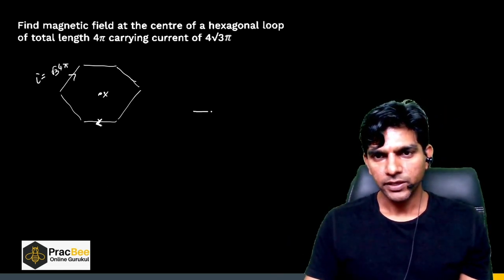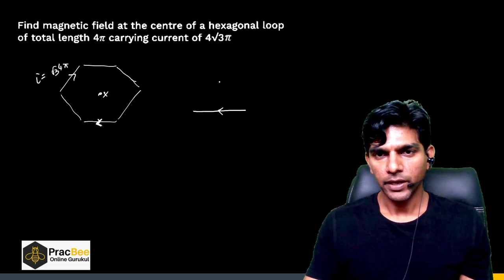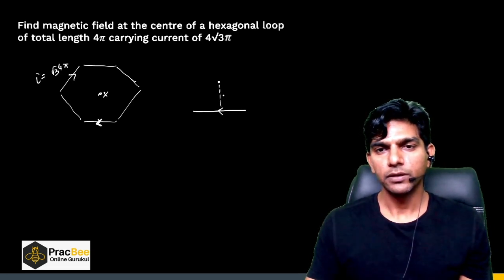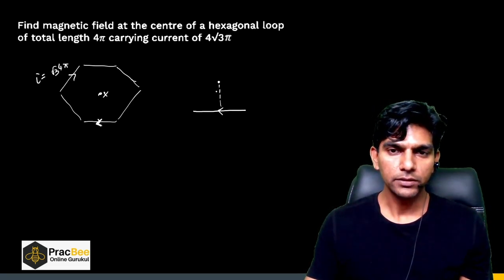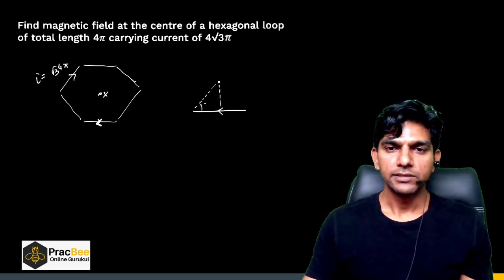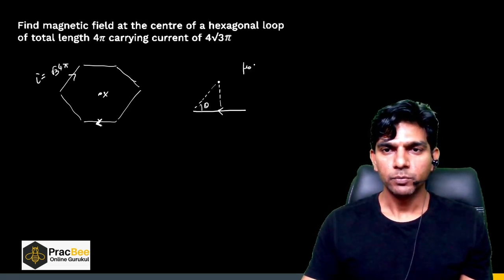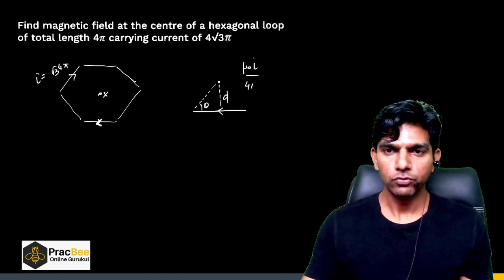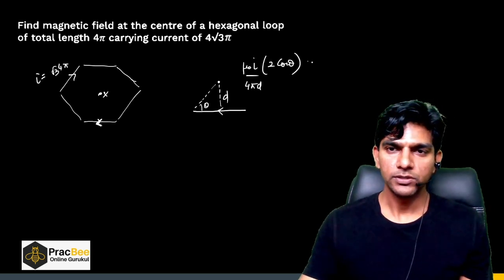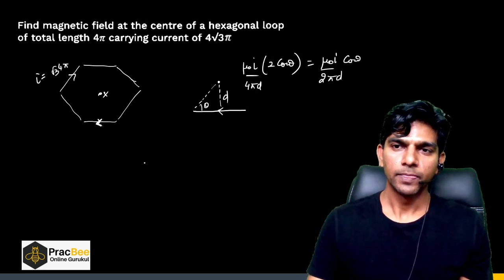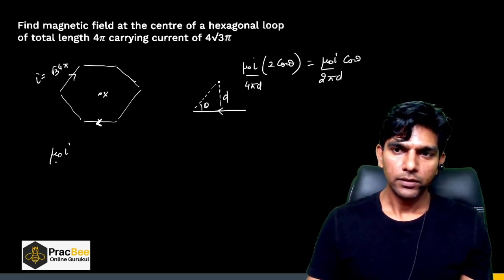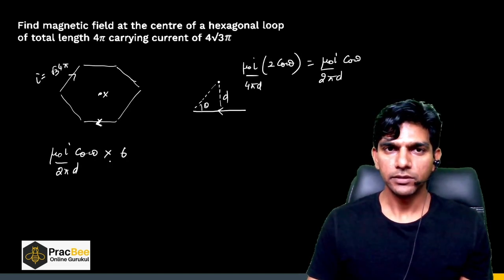And we know that for a finite current carrying conductor, the magnetic field at a point on the perpendicular bisector, if this angle is theta and the perpendicular distance is d, is mu naught I upon 4 pi d times 2 cos theta. Or you can simply write this as mu naught I upon 2 pi d cos theta. So mu naught I upon 2 pi d cos theta times 6 will be the answer in this question.